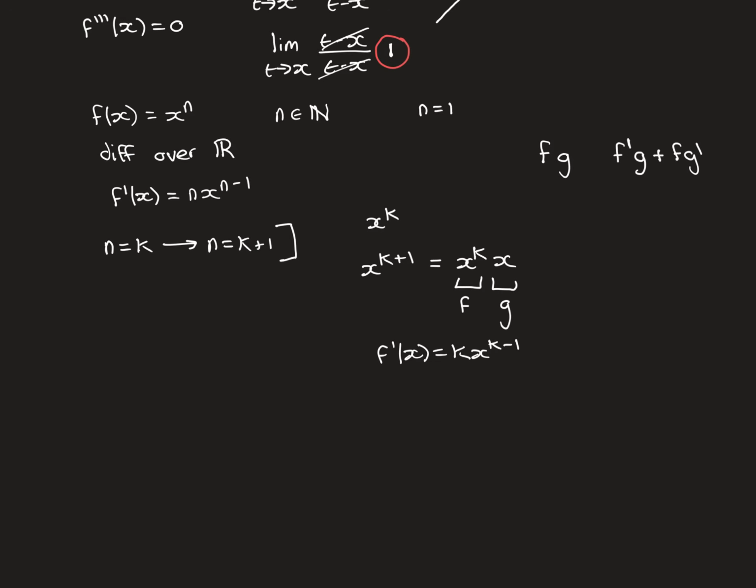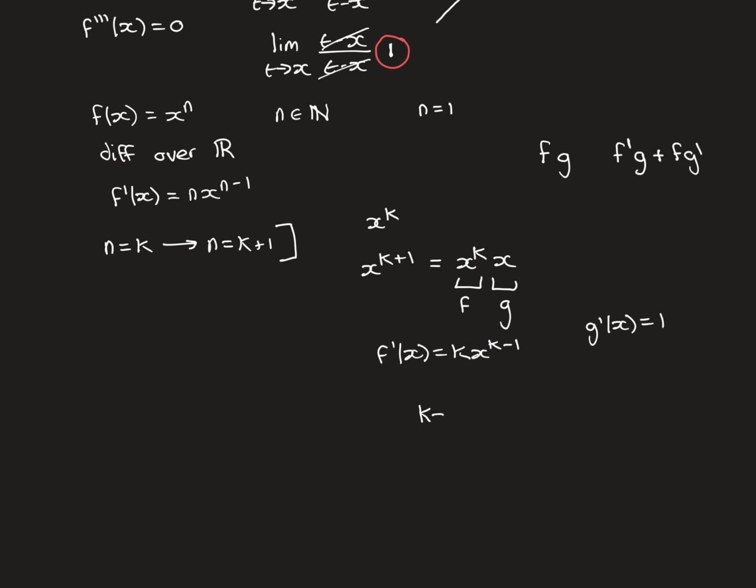Looking now at g, we know from our special case that g is differentiable over the entire real line, and that its derivative, so g prime for any x, is equal to 1. Now, by the product rule, because these are both differentiable over the entire real line, that means that the product of the two is going to be differentiable over the entire real line, and that its derivative is going to be given by our product rule formula.